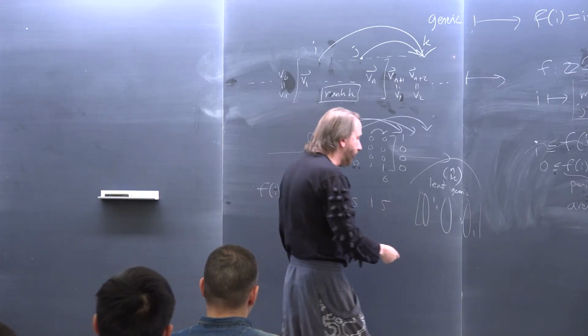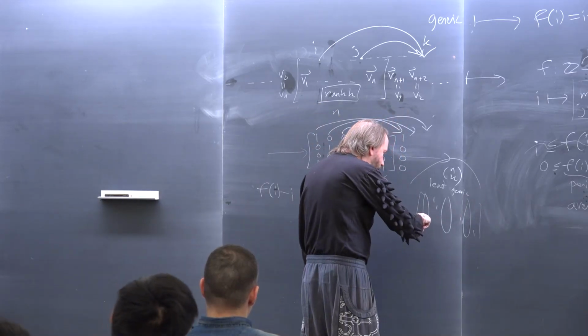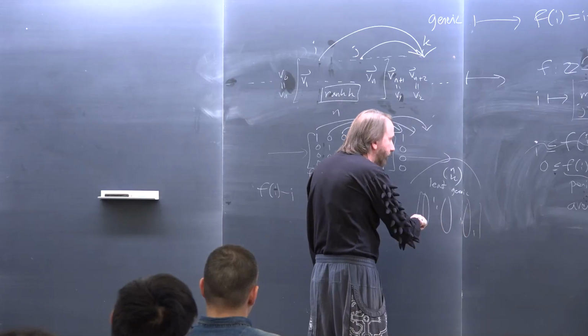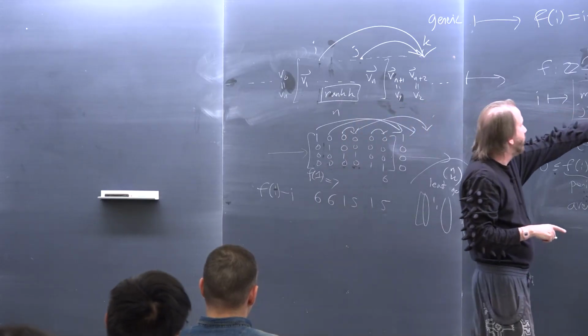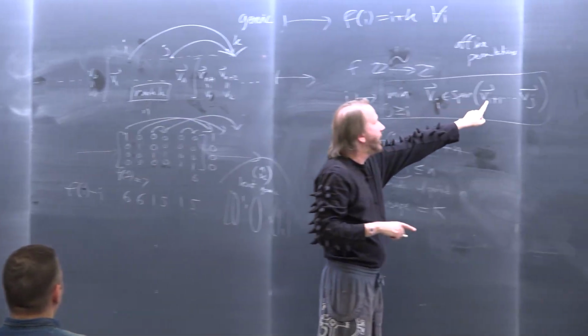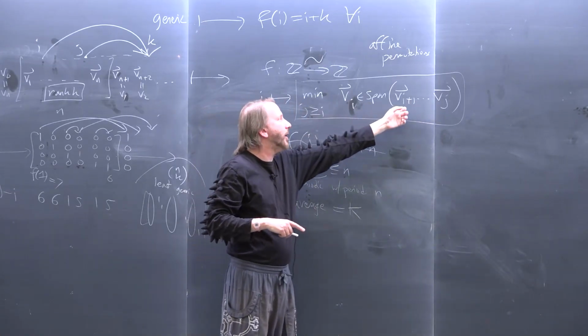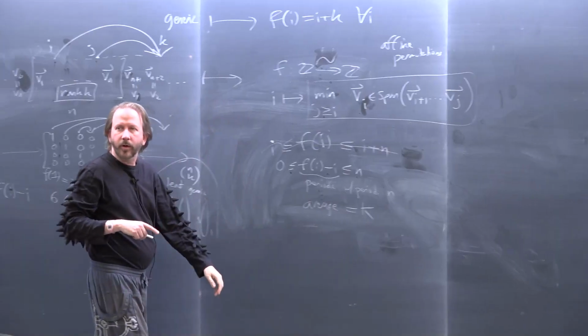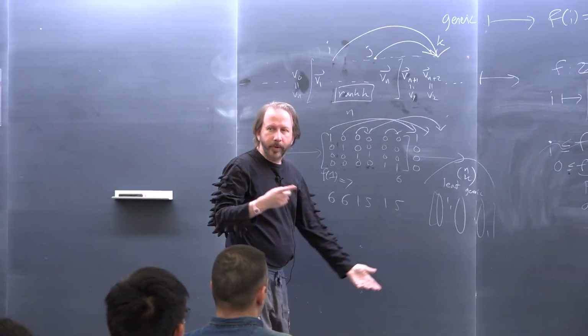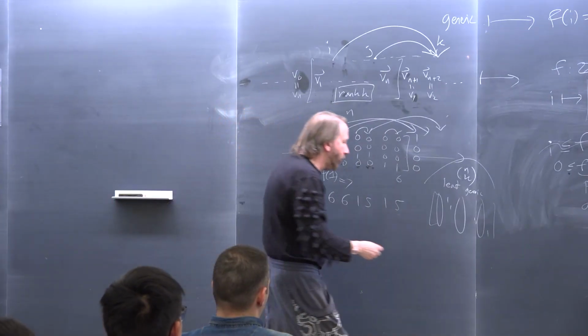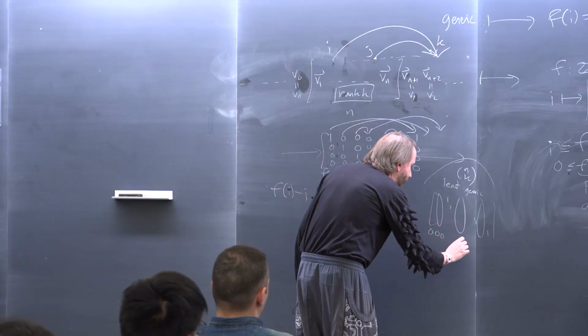In those cases, what's happening with these 0 columns? I'm trying to write my column in the span of later columns. I don't need any of these. I could take j equal to i, this to be the empty set, and I would write my 0 column as being in the span of the empty set. So in those cases, I'm getting zeros for my f of i minus i.